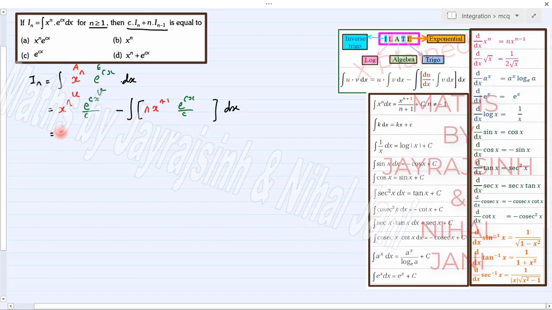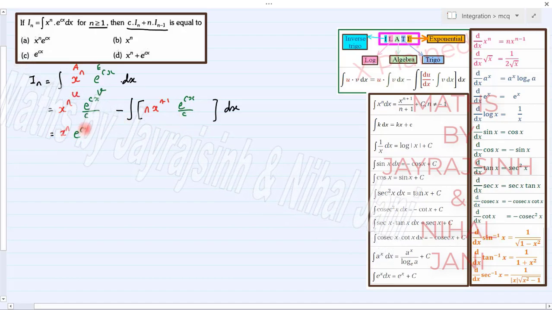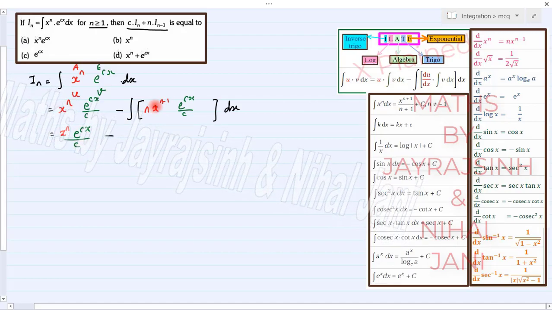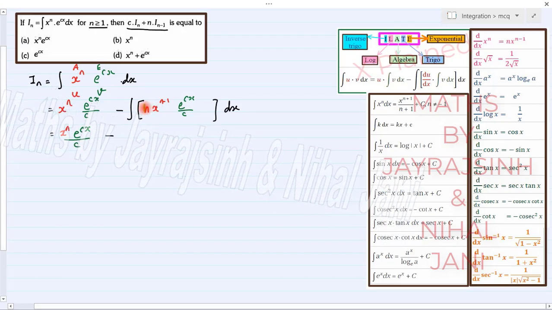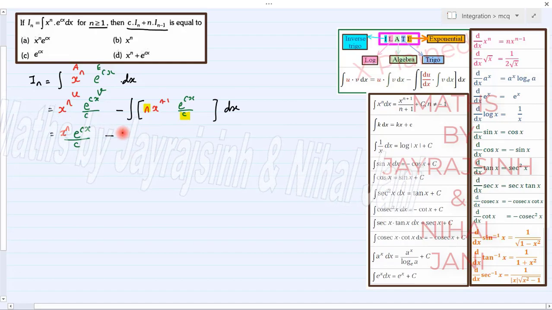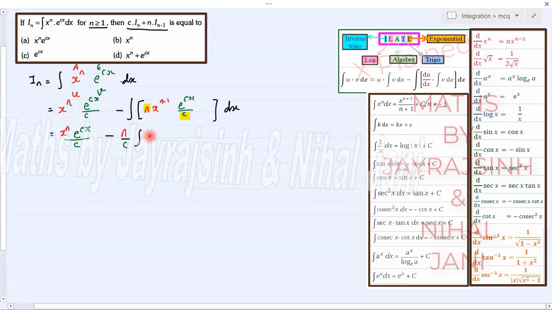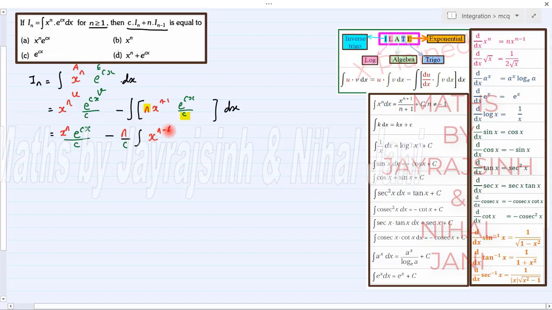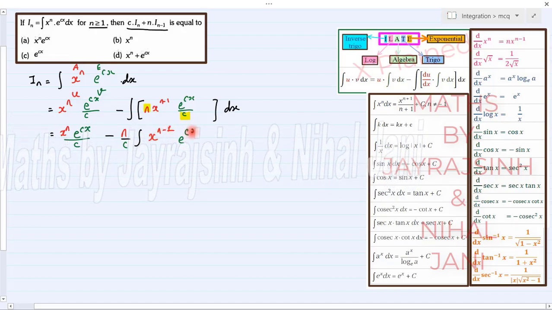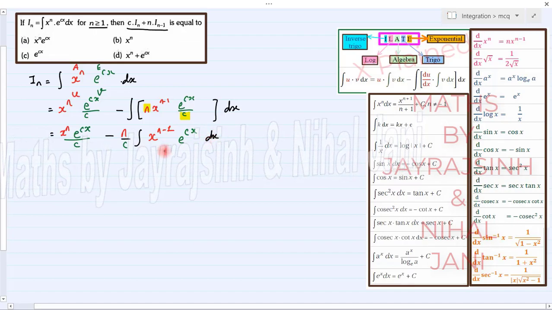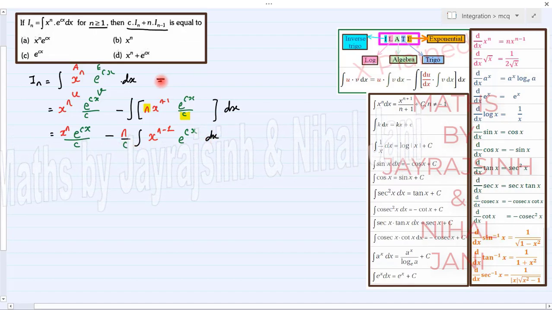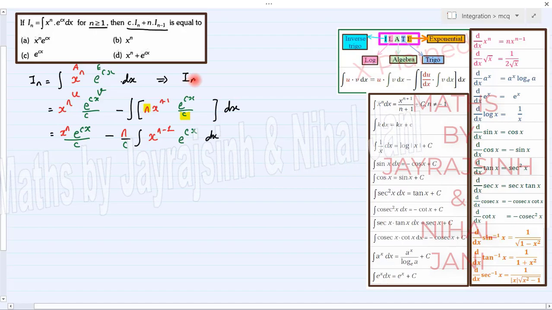Here, your first term will remain as it is. In the second term, we have two constants n and c. So let's take them outside. And we have integration of x raised to n minus 1 into e raised to cx dx, right? Which is nothing but your I of n minus 1.